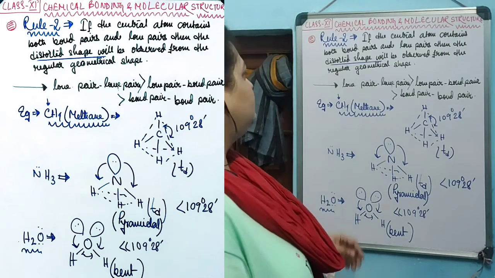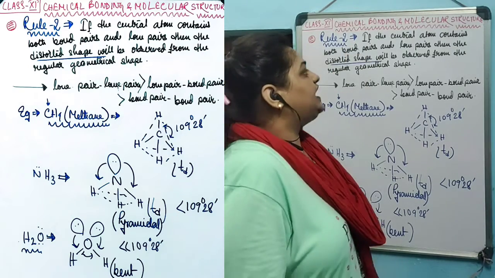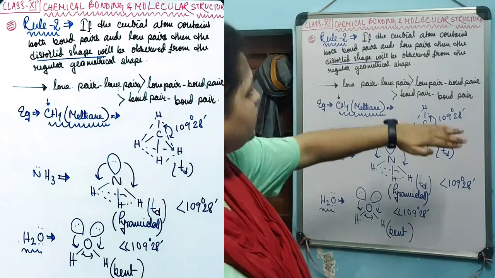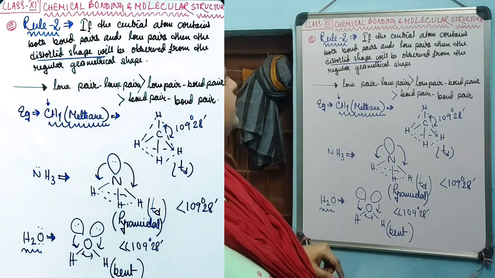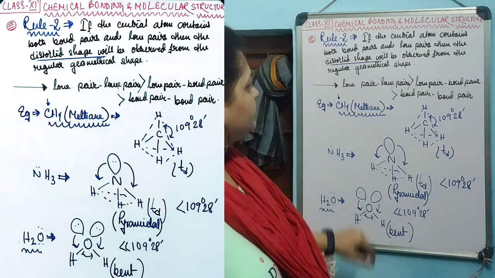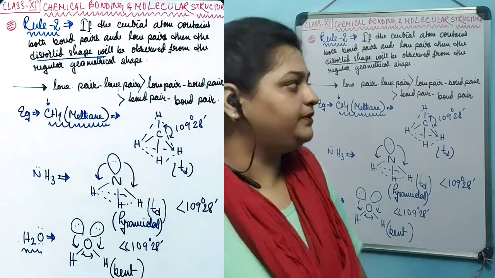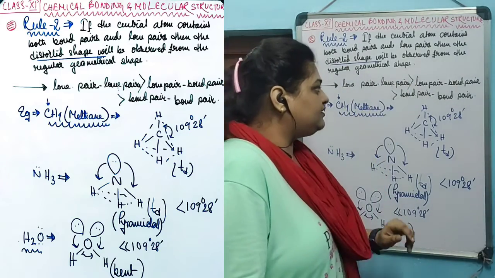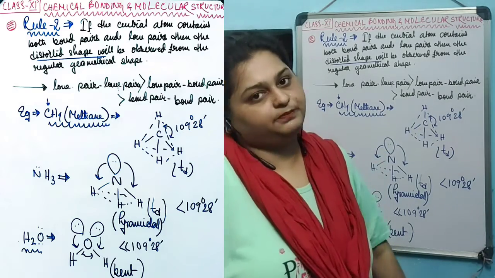Thus the second rule in VSEPR theory says that if the central atom contains both bond pairs and lone pairs, then a distorted shape will be observed from the regular geometrical shape, and the repulsion between lone pairs will be much more compared to lone pair bond pair, which will be much more compared to normal bond pair repulsion.